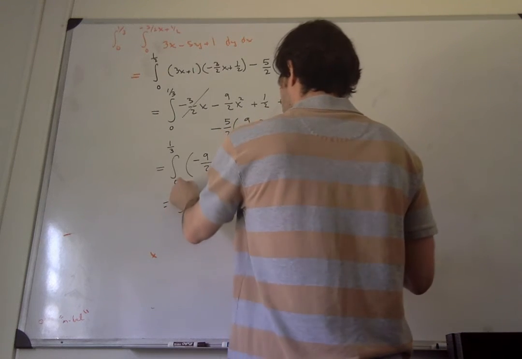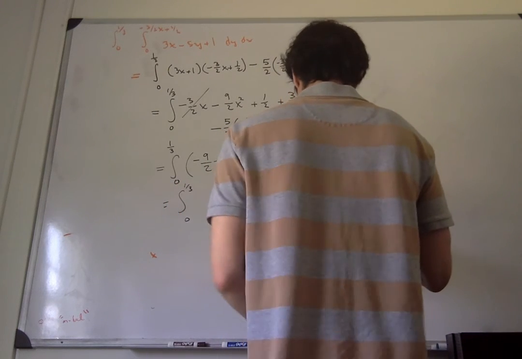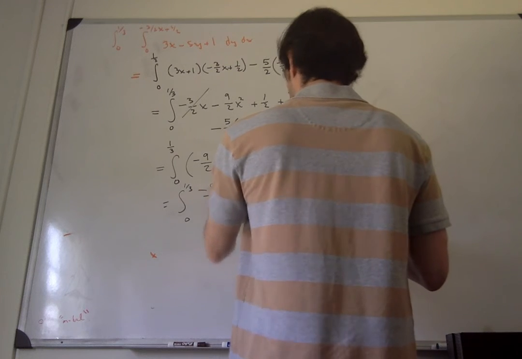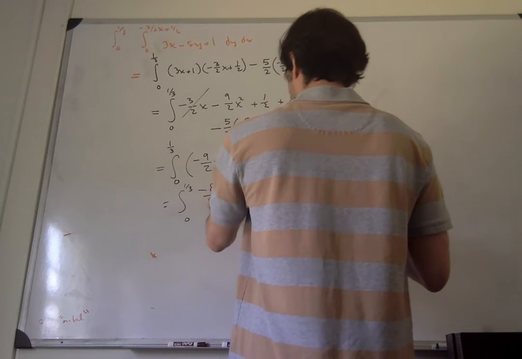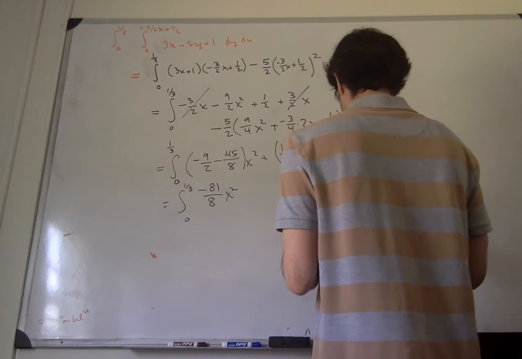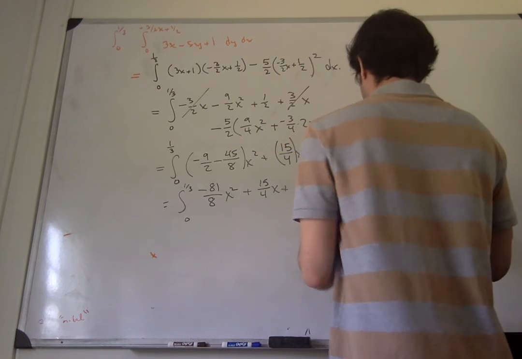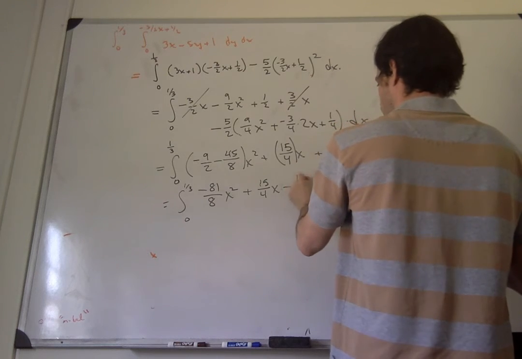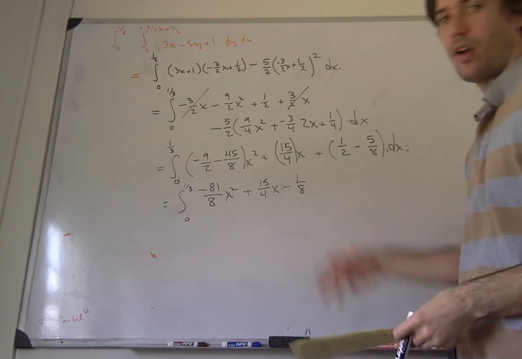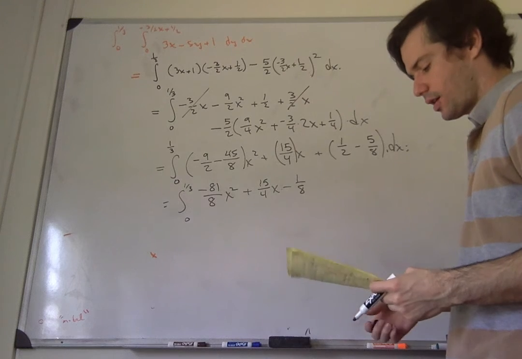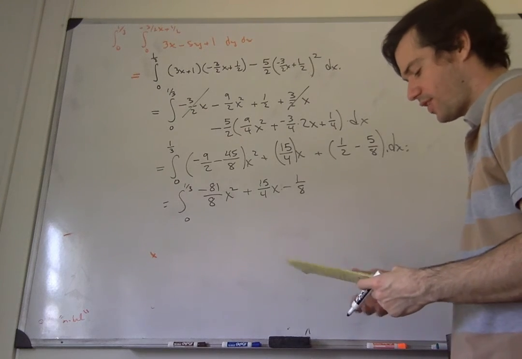I get 1/3 negative 81/8 x squared plus 15/4 x plus, minus 1/8, right? So I'm just combining by the common divisors.